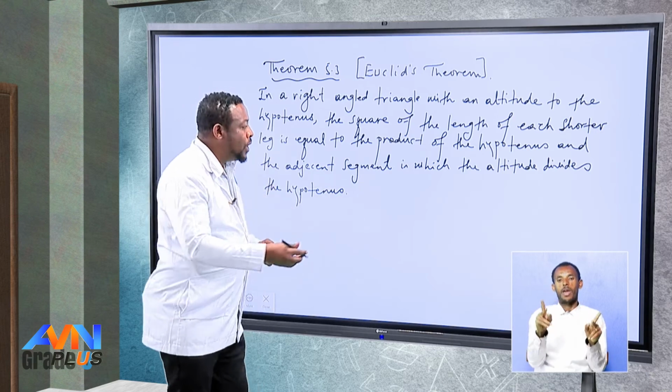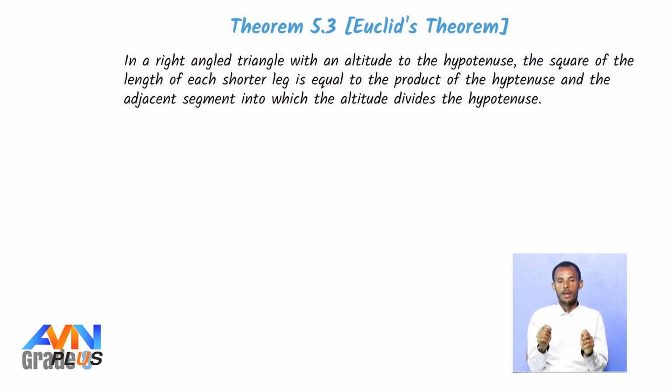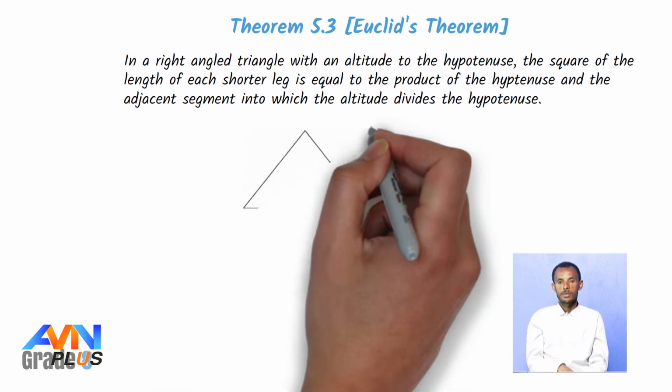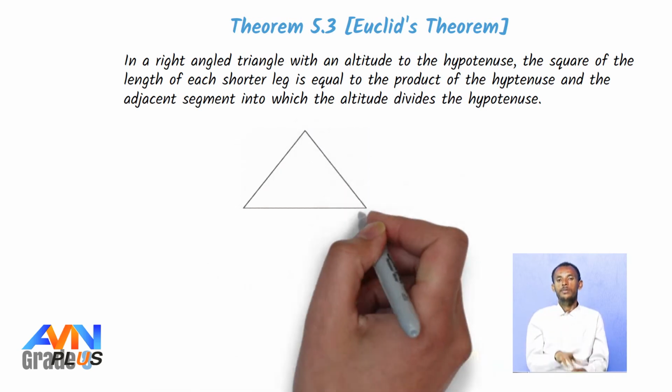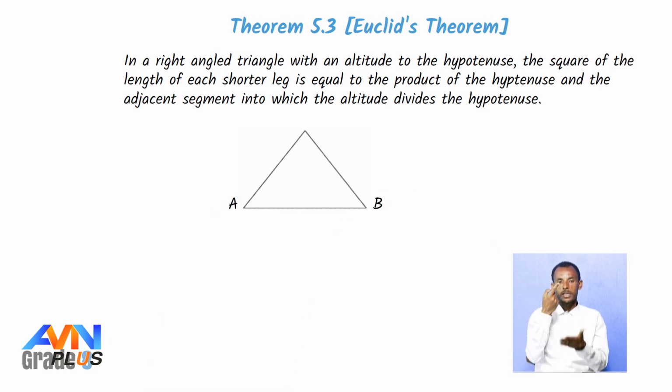So suppose we have a triangle with vertices A, B, C, and this triangle should be a right-angled triangle.